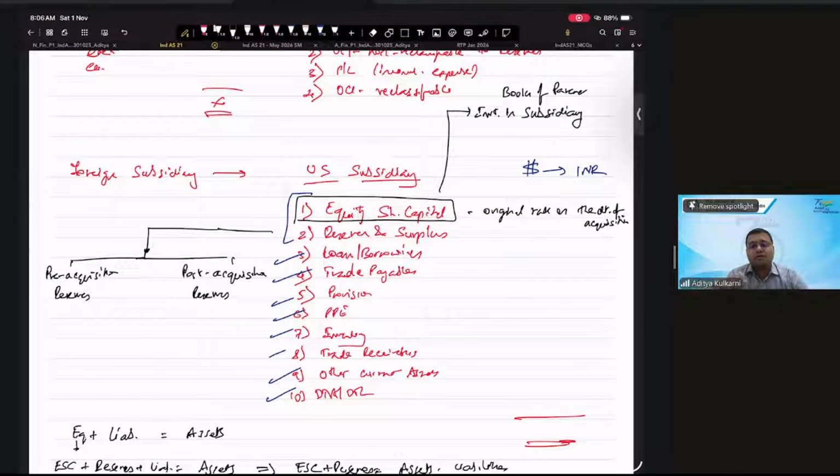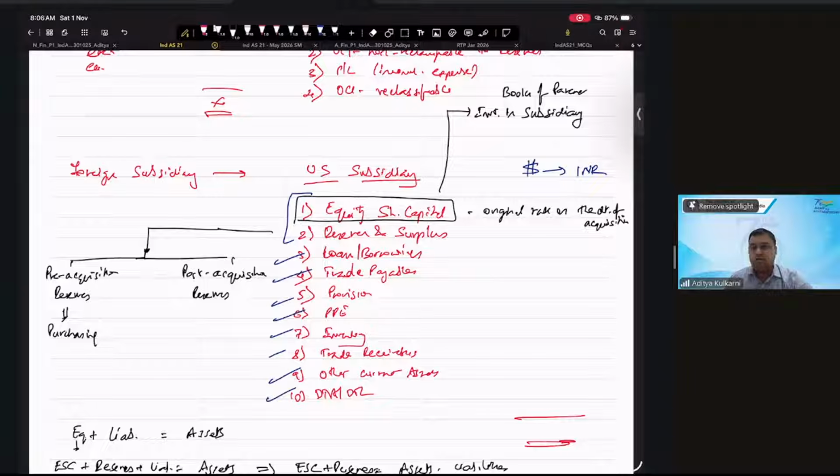But from a reporting perspective or from a conceptual perspective, I'm also purchasing these reserves. And because I am purchasing these reserves, can I say the treatment will be the same as the equity capital which I have purchased?